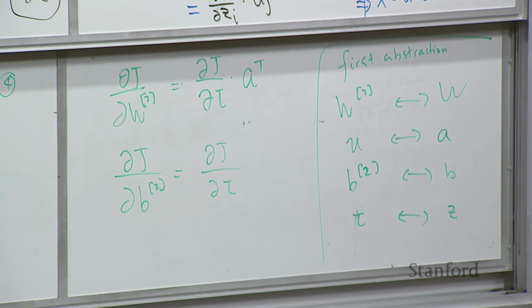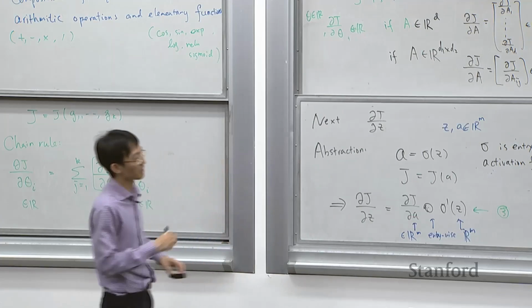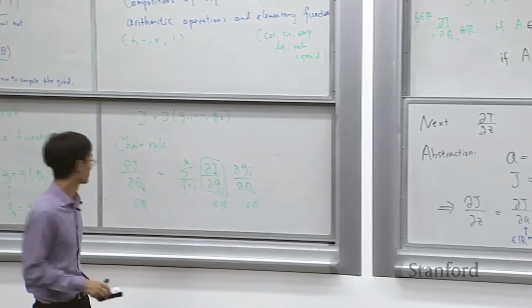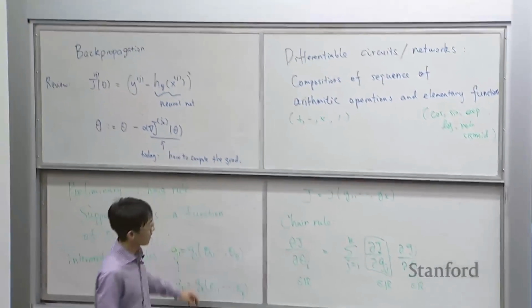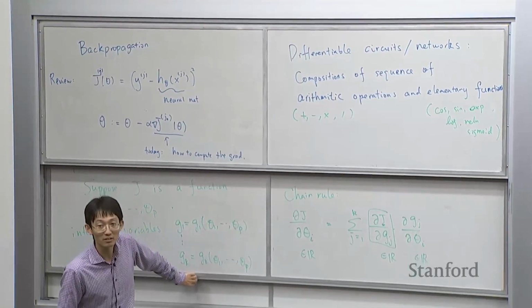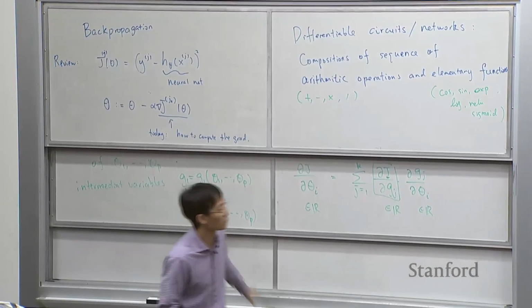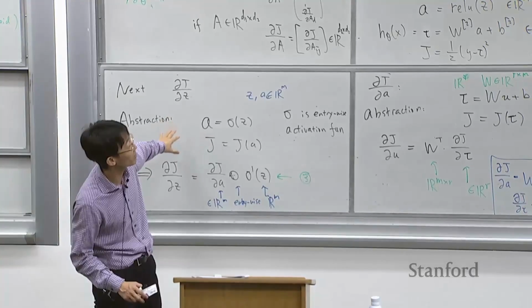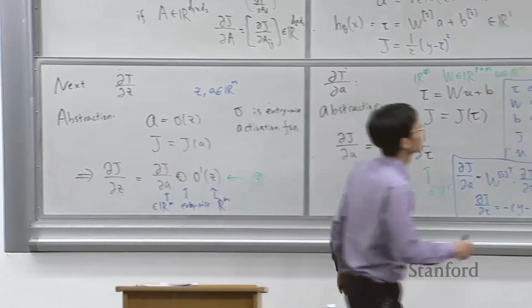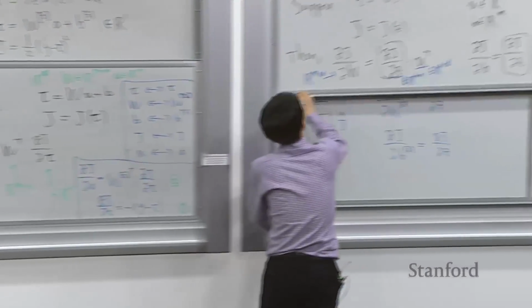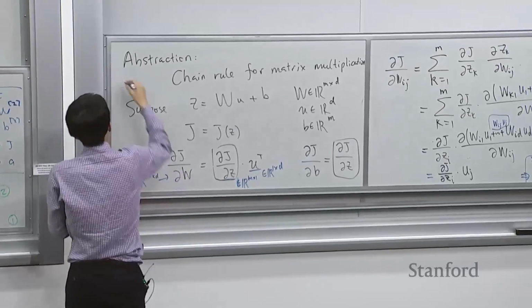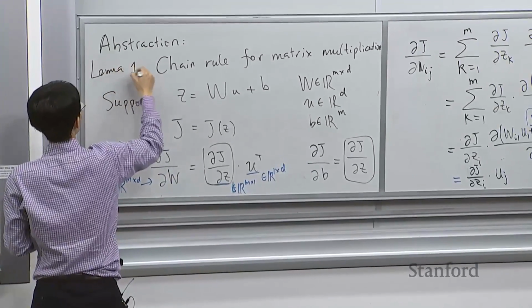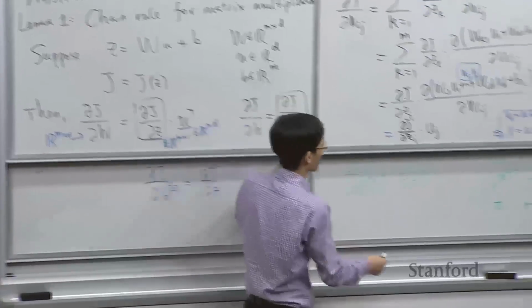Okay, so now if you have all of this, this is still a little bit complicated, but it's a little bit better than before because everything is in vectorized notation. And now, what if you do it for multiple layers? You'll see that everything is just the same. You're just going to repeatedly use these three lemmas, or three abstractions. Maybe I should number them. Let's call this lemma 1, and here I'm using lemma 1.